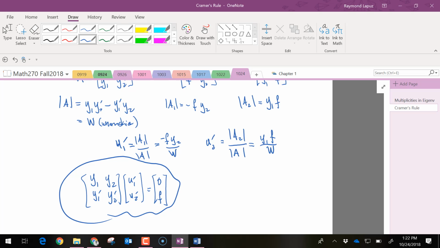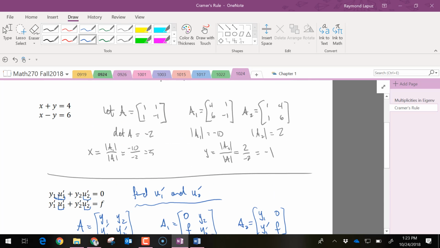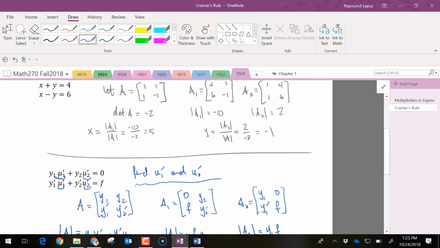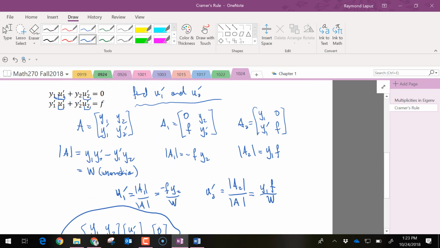In that bigger problem, we're using Cramer's rule, and Cramer's rule is one of the better ways to find solutions to a system that might not have nice numbers like we had up here. If you have a more complicated system that involves a bunch of other things, then this would be the way to get to it. All right? Any questions? All right, good. Move on.